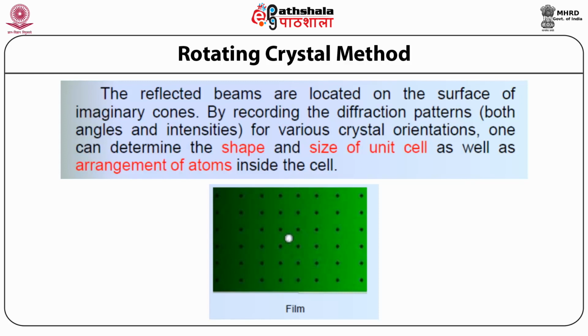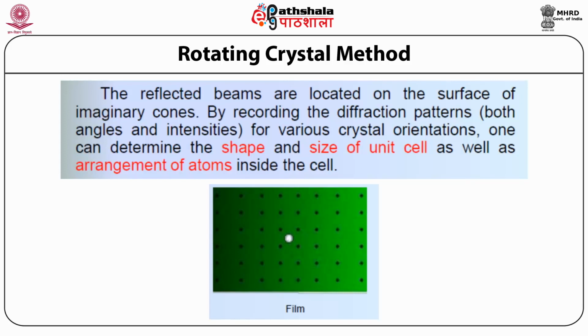With the rotating crystal method, the idea can be extended beyond just calculating the lattice constants. We can find out the shape, the size of the unit cell, and the orientation. If you are given a crystal, just by looking at it you cannot locate which is the x-axis, which is y, which is z, or what orientation the crystal has.